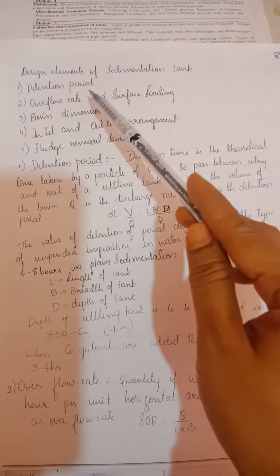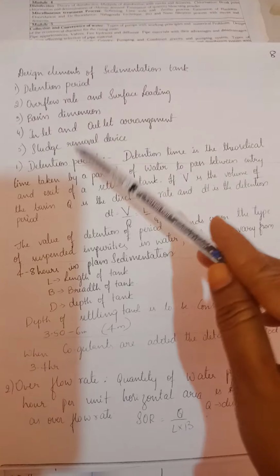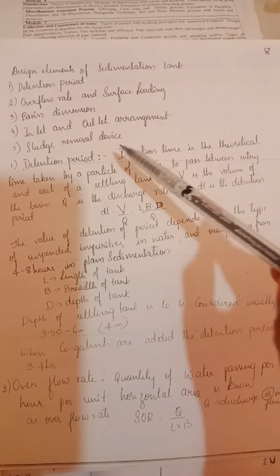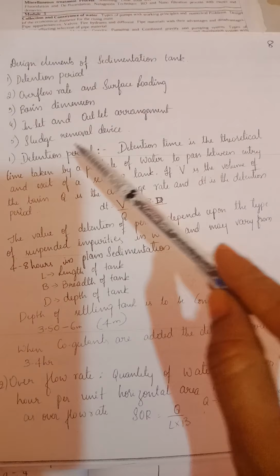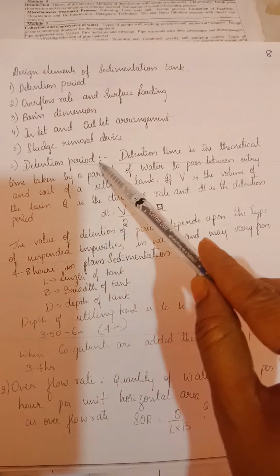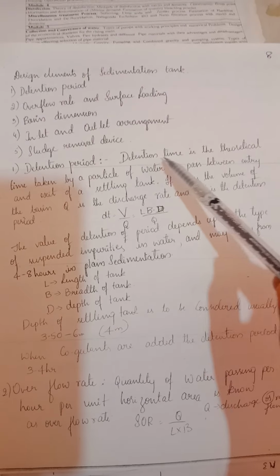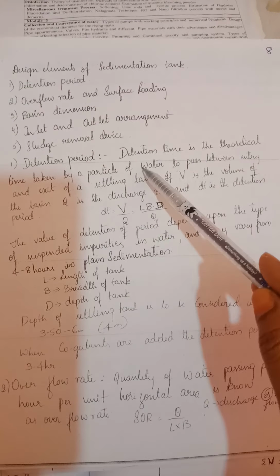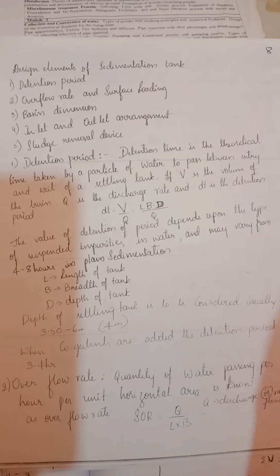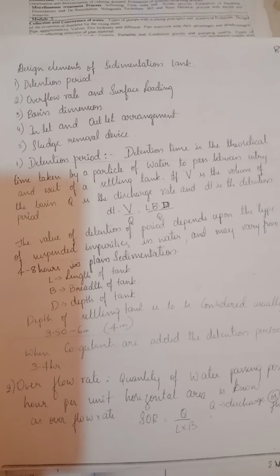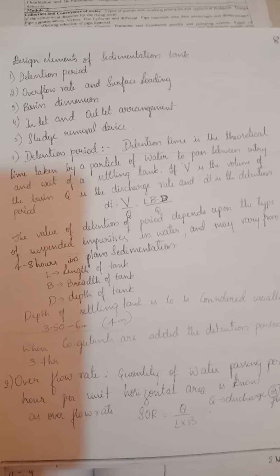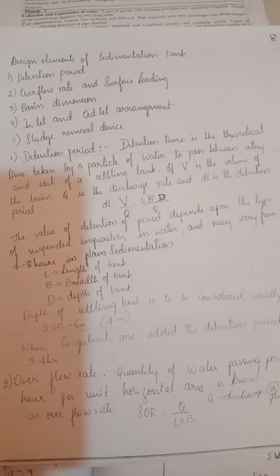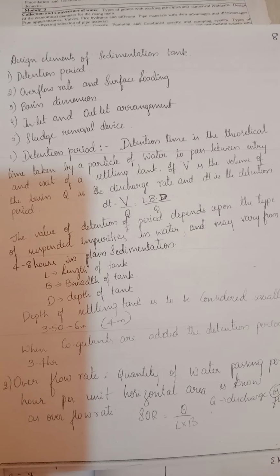Before designing the sedimentation tank, you must go through these design elements or design criteria. First design criteria is detention period. The detention time is the theoretical time taken by a particle of water to pass between entry and exit of a settling tank.